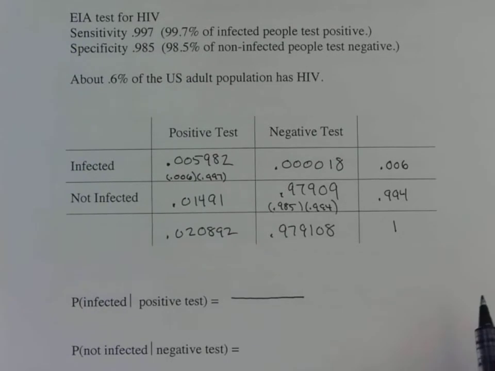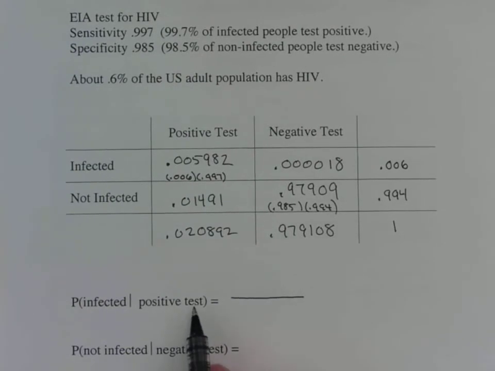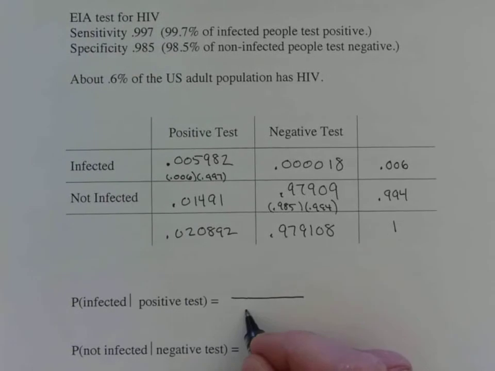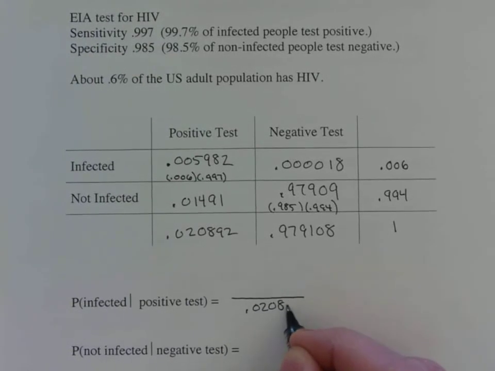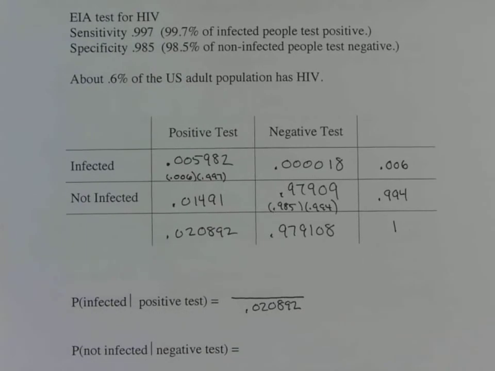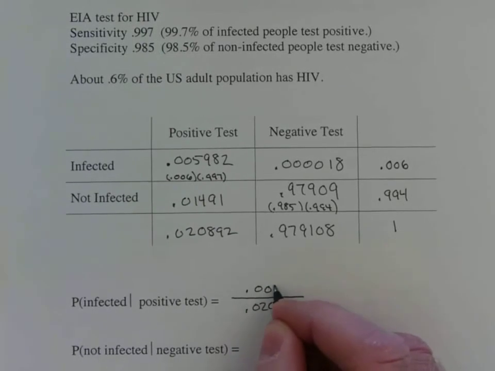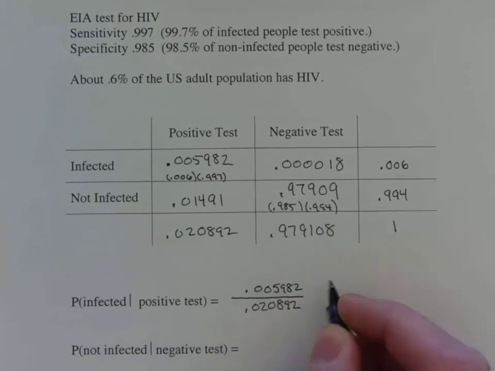So the denominator is going to involve the number of people who test positive, which is 0.020892. That's the given in this conditional probability. And then the number of people out of that group who actually are infected is 0.005982.